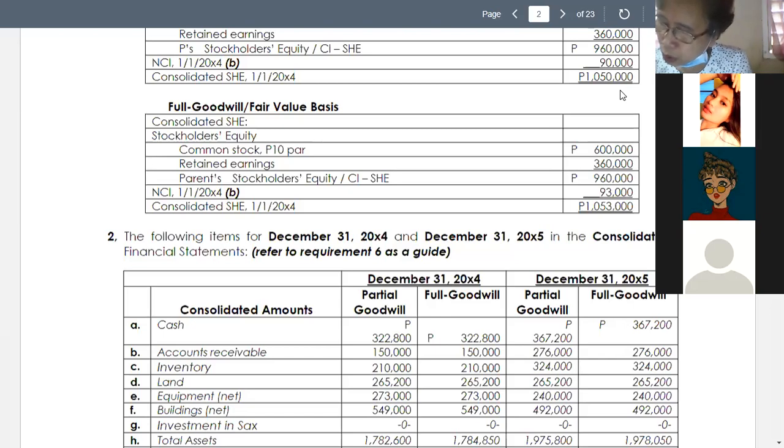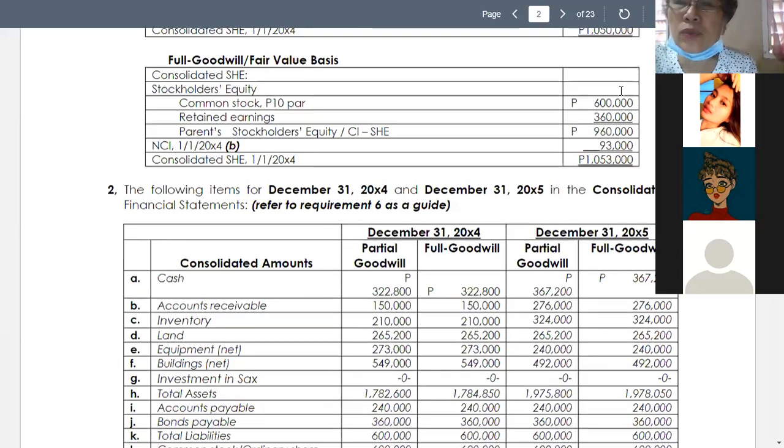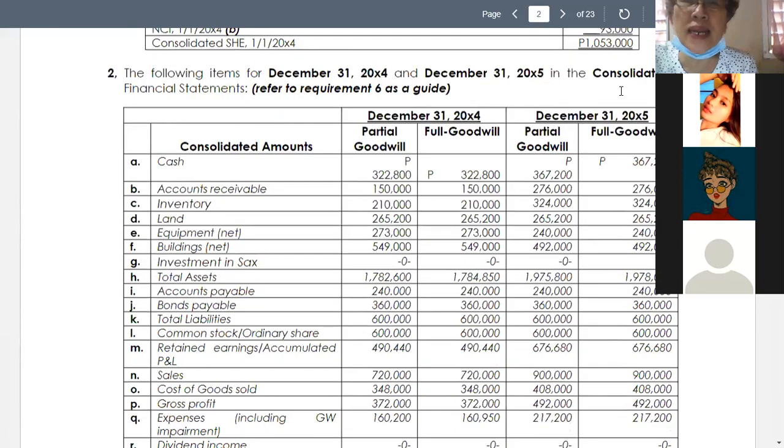Now we go to requirement number 2. Determine the following items on December 31, 20x4 and 20x5. Now the first column is related to partial goodwill. Second column is on full goodwill. And the last two columns are for the subsequent year. So we can see cash. You try to analyze.